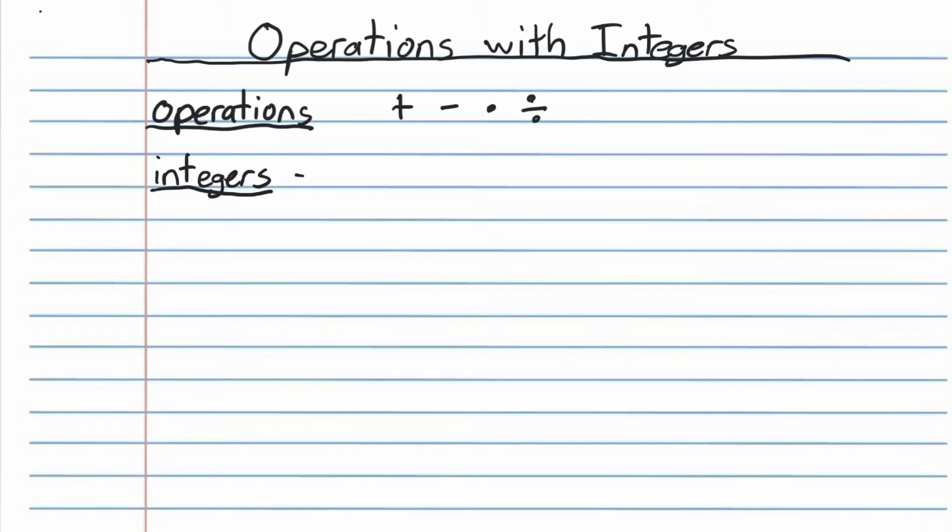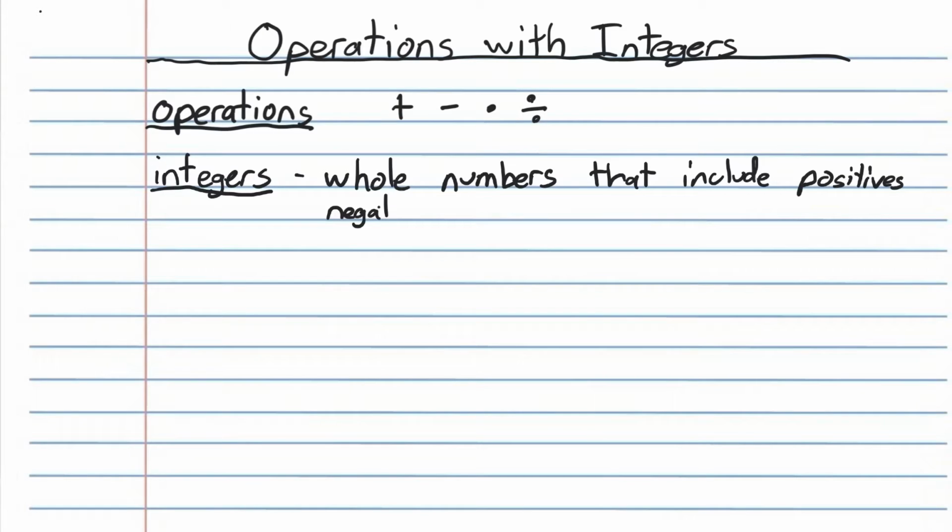Now, it's the numbers you're going to use most likely more than anything else, and those are whole numbers that include positives, negatives, and 0.